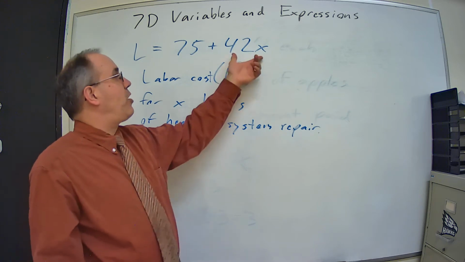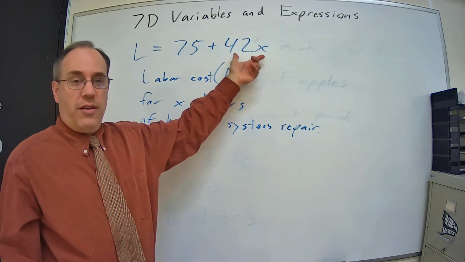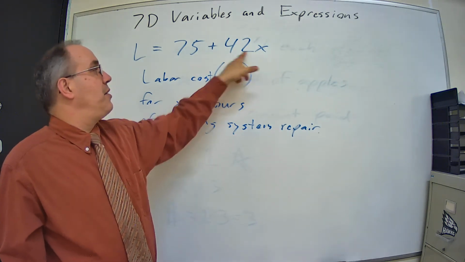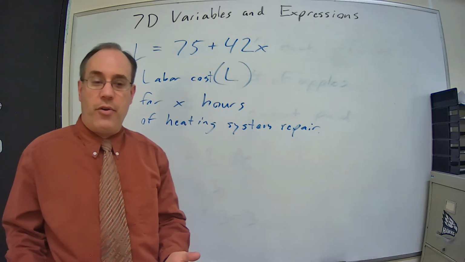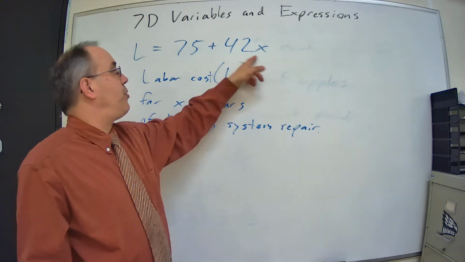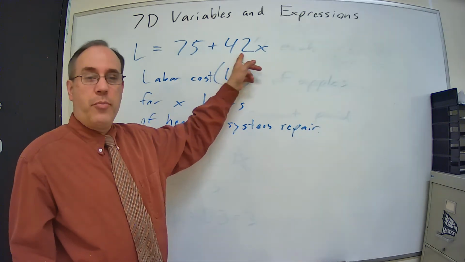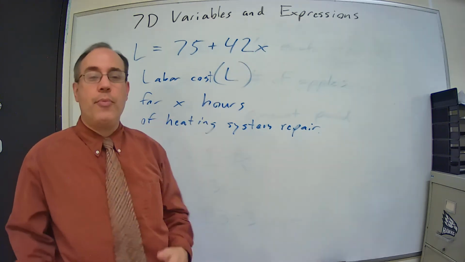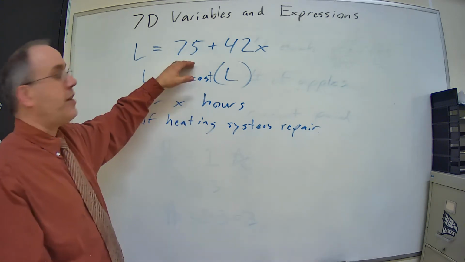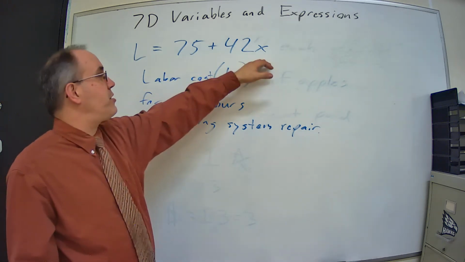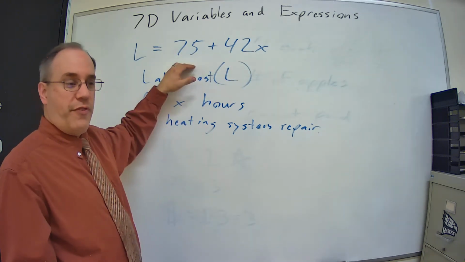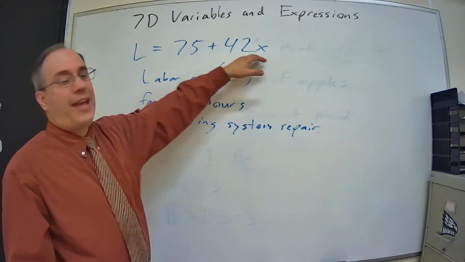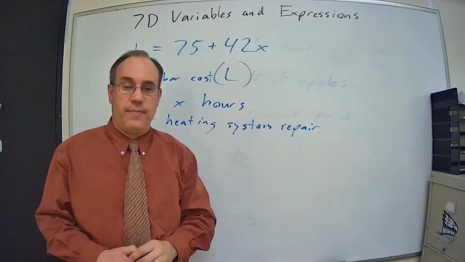And then there's what we call a variable portion of it. This value here is 42 times X, the number of hours. So this portion is variable or changes according to how many hours are worked. Whereas this fixed portion, 75, no matter how many hours I work, we have 75 here plus that. So we have a fixed portion of the equation and we have a variable portion of the equation.